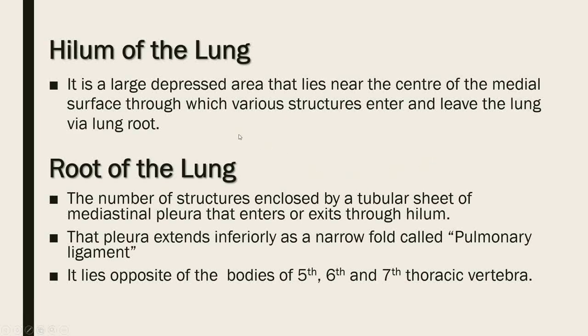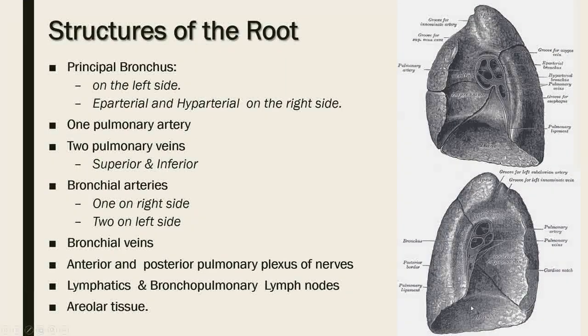So the main difference between the hilum and the root is that the area through which the different structures are entering or leaving is particularly the hilum, but the structures which are entering or leaving are combinedly called the root. So what are the structures passing through the root?